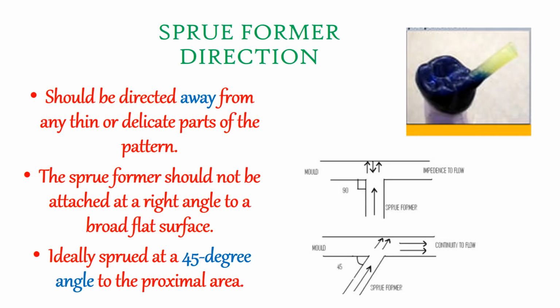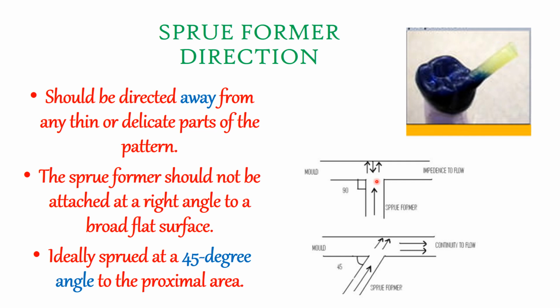Next is the sprue former direction. Always the sprue should be directed away from any thin areas of the pattern. It should never be on thin areas; it should always be where there is the greatest bulk in the wax pattern. Then the sprue former should not be attached at a right angle, because there will be impedance to the flow of the molten metal.